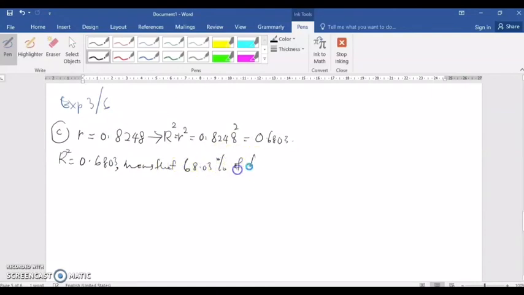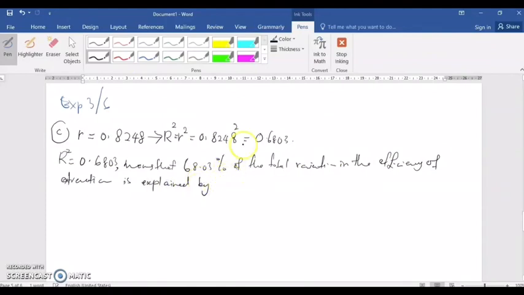68.03% of the total variation in Y, which is the efficiency of the extraction, the efficiency of the extraction is explained by our X, which is extraction time.